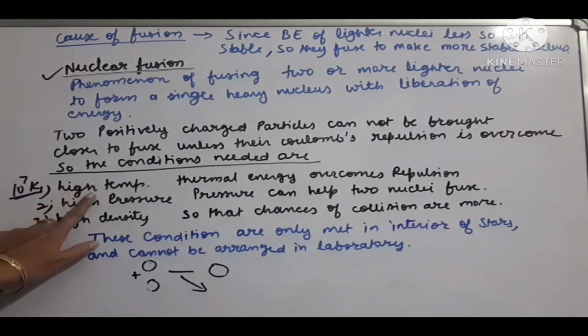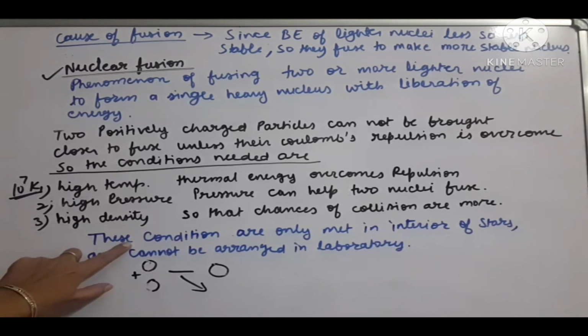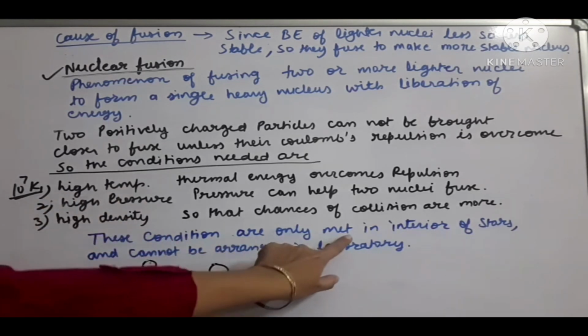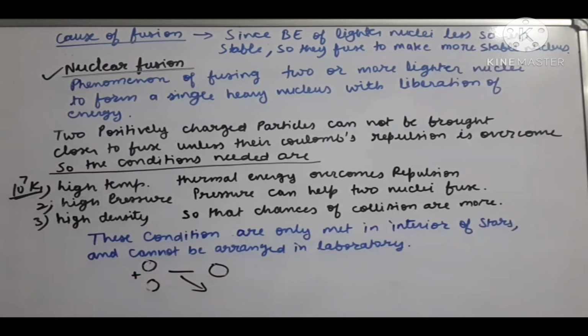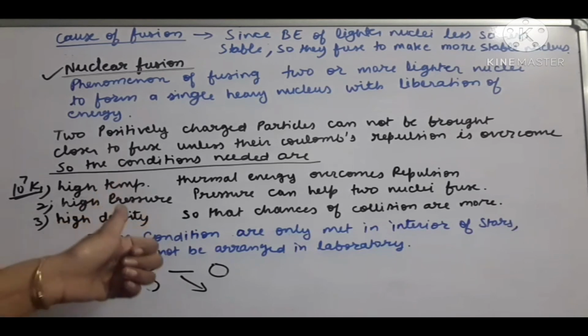That means the three conditions required for nuclear fusion are high temperature, high pressure and high density. They support nuclear fusion taking place easily. Now, this condition, high temperature of around 10 raised to power 7 Kelvin, and the other conditions are only met in the interior of stars like the sun.